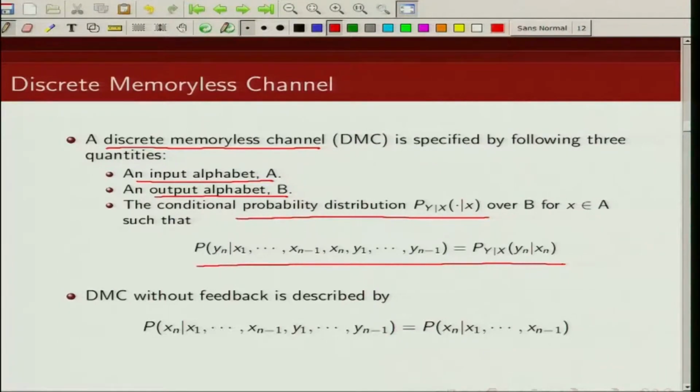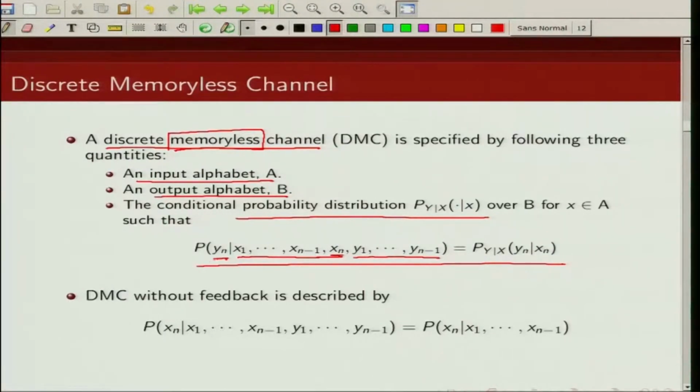Now as you can see, for a discrete memoryless channel, consider the probability of y_n given past inputs x_1, x_2, ..., x_{n-1}, the current input x_n, and the past outputs y_1, y_2, ..., y_{n-1}. Because it is a memoryless channel, it does not depend on past values.